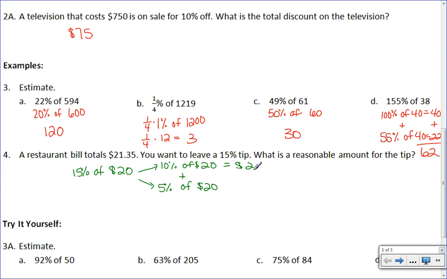And then 5% is just half of that, so $1. When we add those together, it equals $3. So that would be a reasonable amount for the tip on a bill of $21.35 if you were leaving a 15% tip.